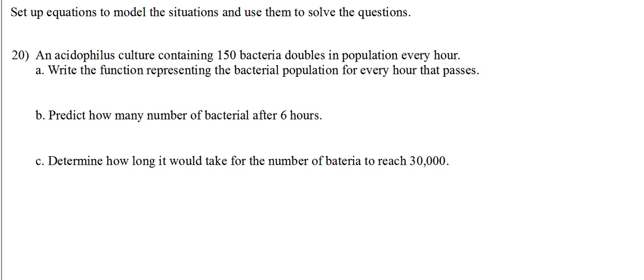We have some acidophilus culture containing 150 bacteria that doubles in population every hour. Okay, 150 doubles every hour. Key 3 parts. We write a function representing that population for every hour that passes.